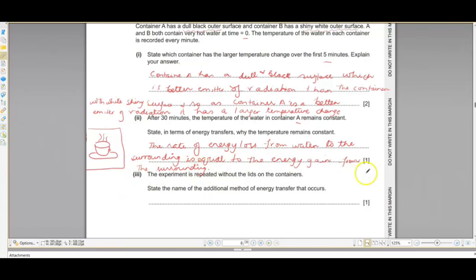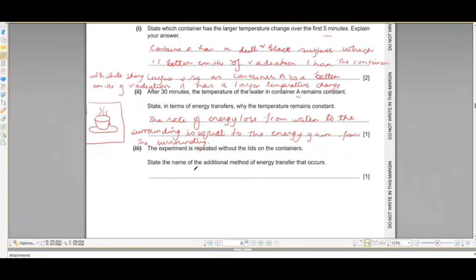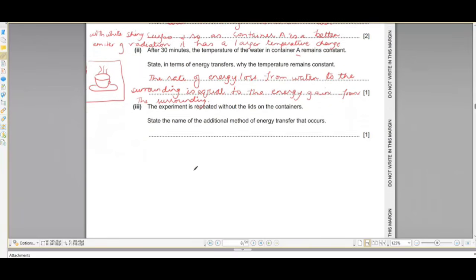Okay, you will get 1 mark for it, and this is happening because now both of them are at the same temperature, so there is no net energy loss happening now. Okay, I hope you understood the concept. If not, you can always ask questions in the comment section.